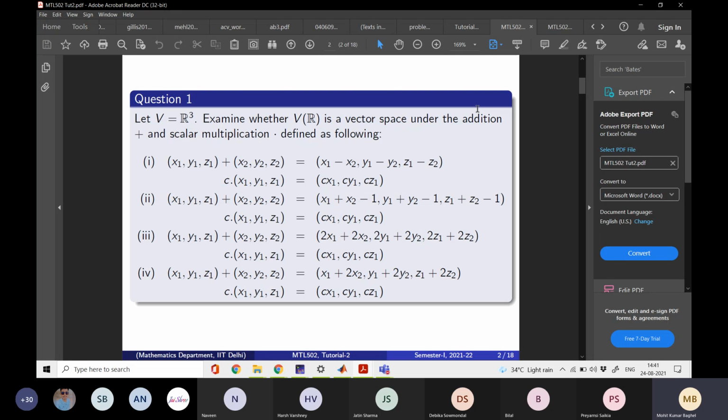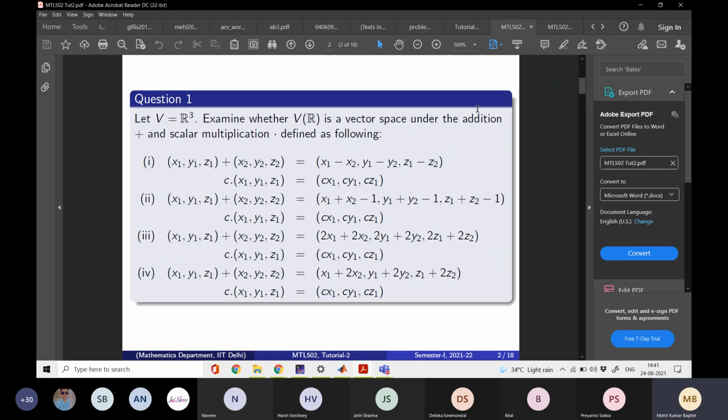For part 1, what is your answer? Not a vector space. Checking associativity would need three vectors, but you can easily see it is not commutative with plus. So it is not a vector space.